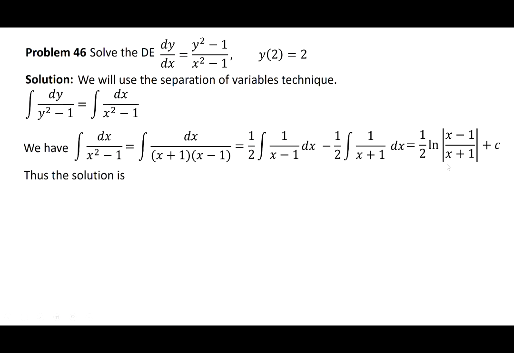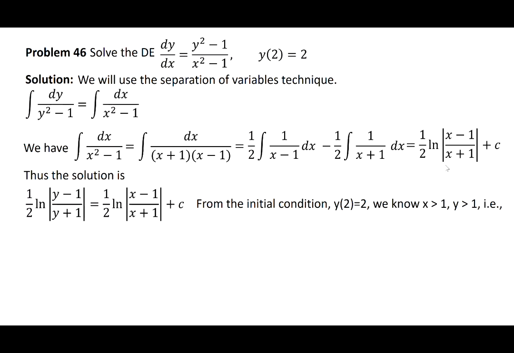Okay. Thus the solution is this, and of course we can multiply both sides. Ooh, I did not do that. I didn't simplify it. From the initial condition y of 2 equals 2. Ooh, look at this. I like this. This is what I think I alluded to in the previous video.